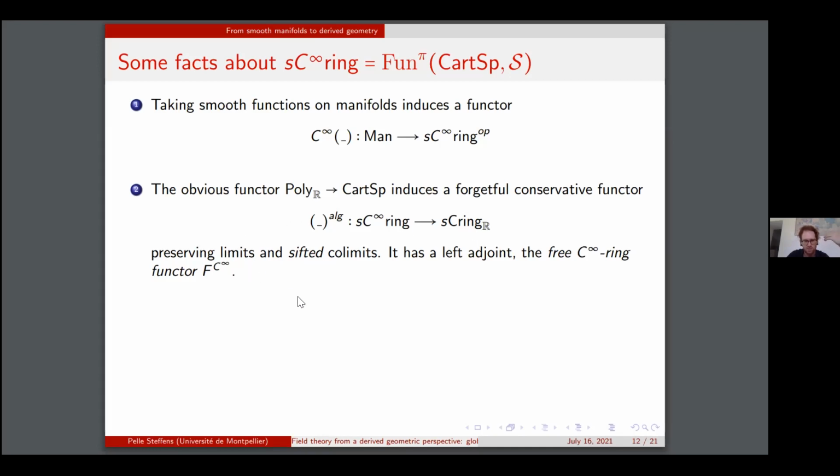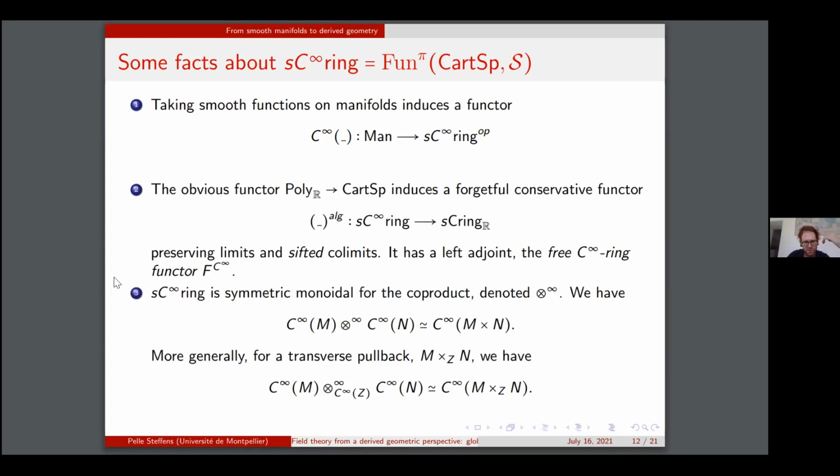And as such, it has a left adjoint, which is in general rather opaque, but it sends polynomial algebras here to C-infinity of Rn over here. The most important property is that the coproduct in this infinity category somehow behaves as a completed tensor product.